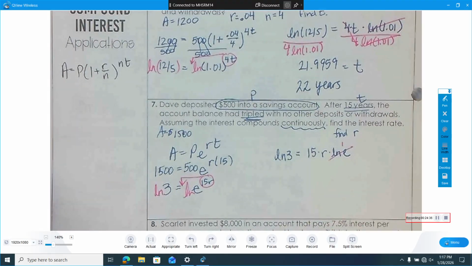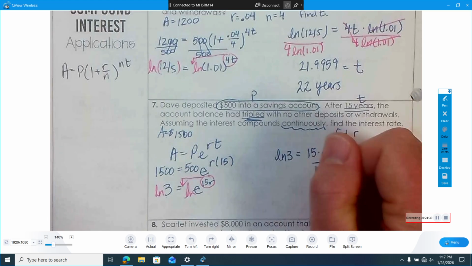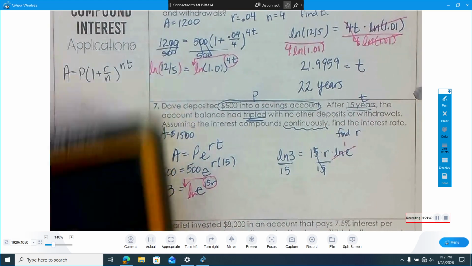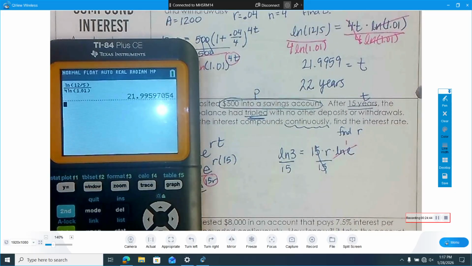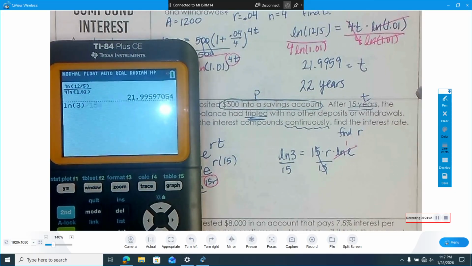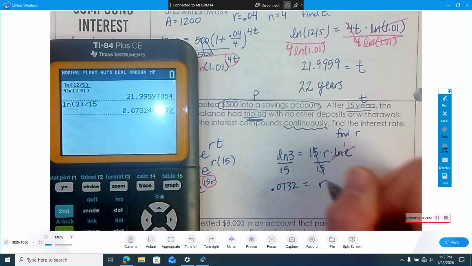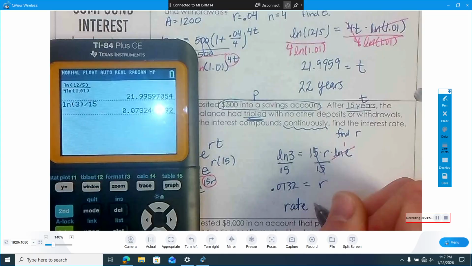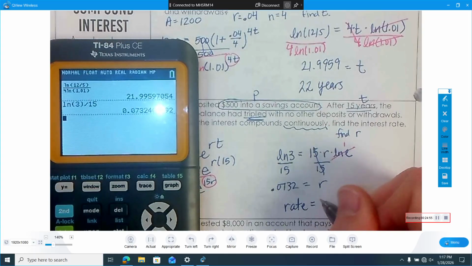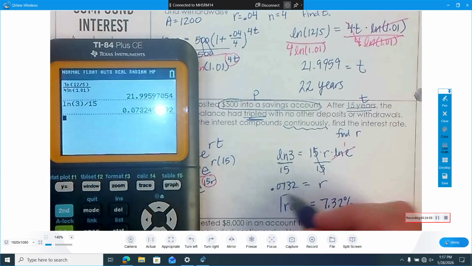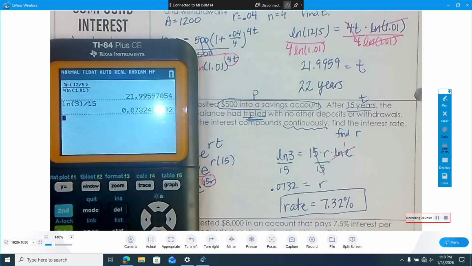And then how do you get r by itself? Divide by 15. Beautiful. So I get natural log of 3 divided by 15, 0.0732 equals r. What is our rate? 7.32%. And if you just multiply by 100, you'll get there.